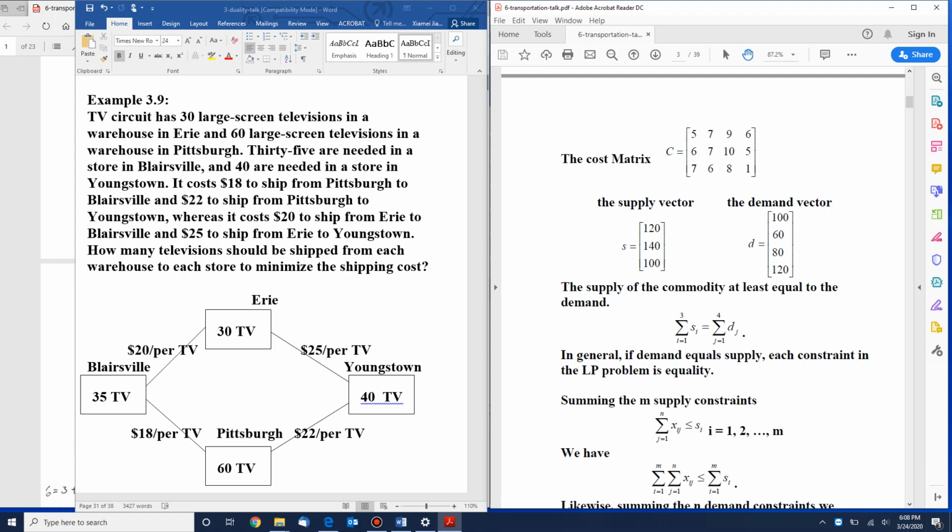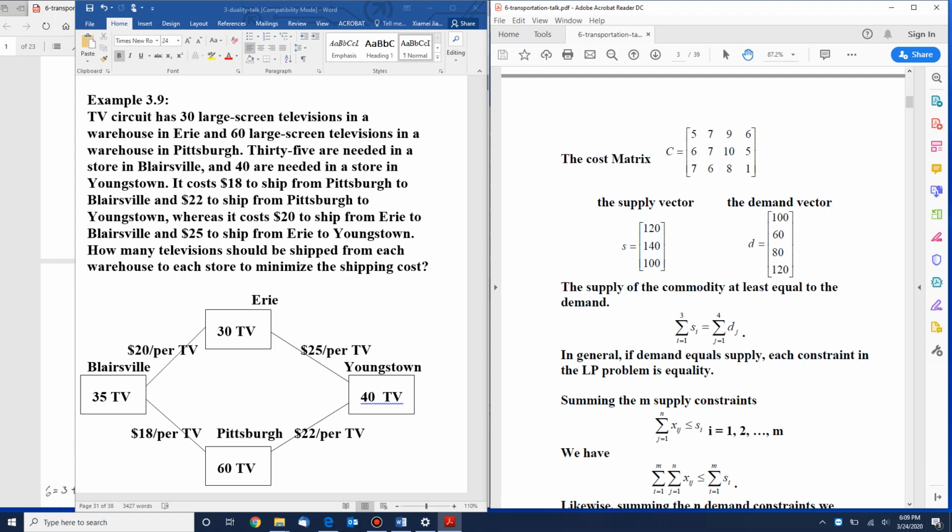So what we need is the total supply equals the total demand. In general, if we have the demand equal to the supply, then each of the constraints is an equality, not greater than or equal to or less than or equal to.